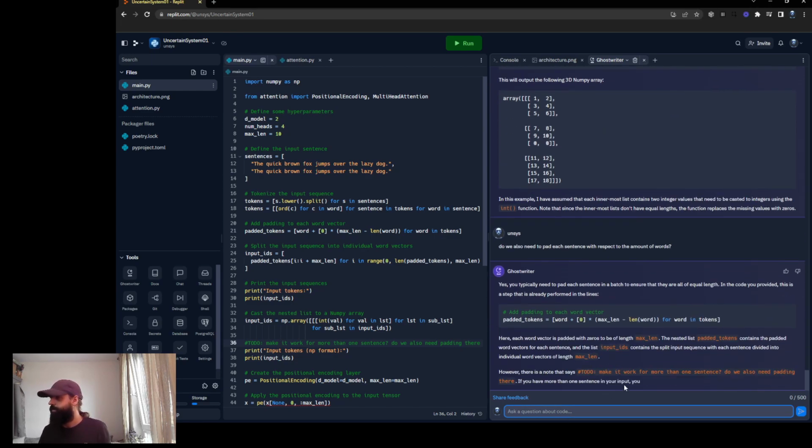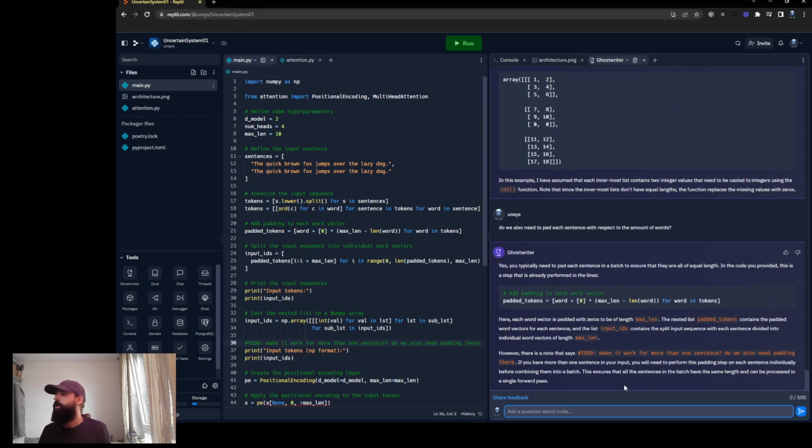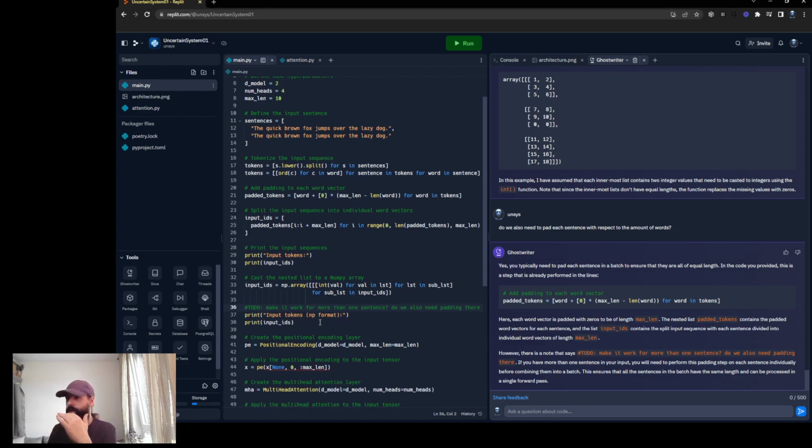Right, exactly. That's probably the next thing to do. And then once we have all these, we have a clear structure where we just have a tensor that represents each sentence.